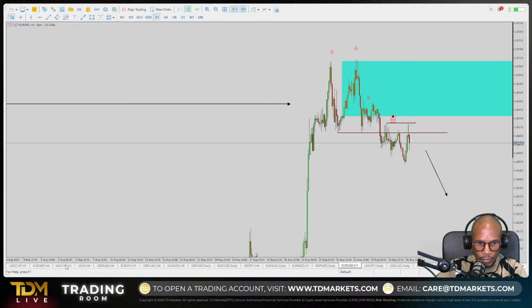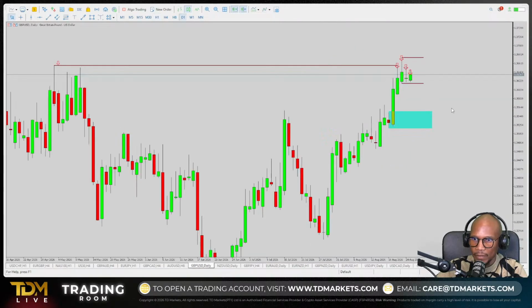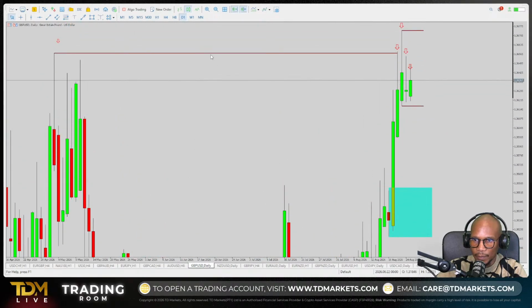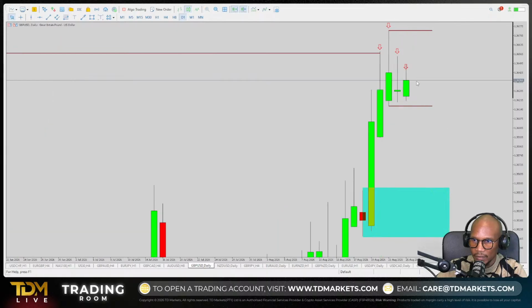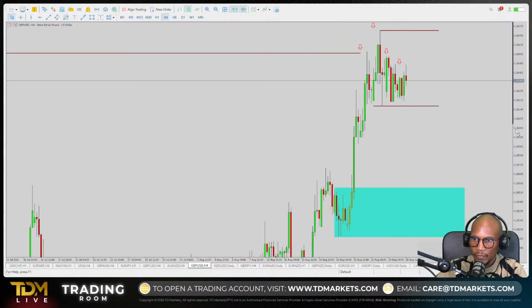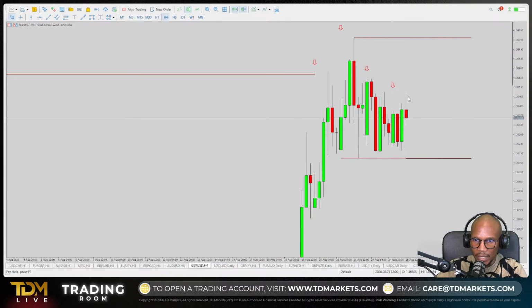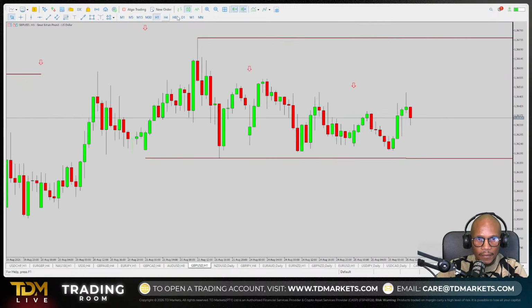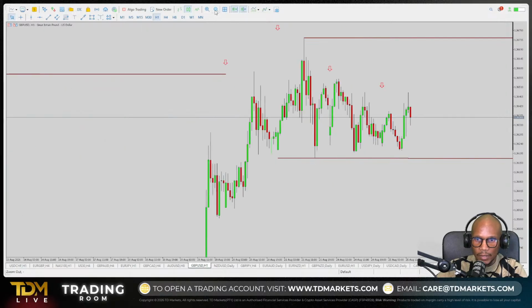The GBP USD is a bit slow at the moment. Let me go back to the 4 hour. This is what's happening now, all right? So this one, a break of this area would be good.